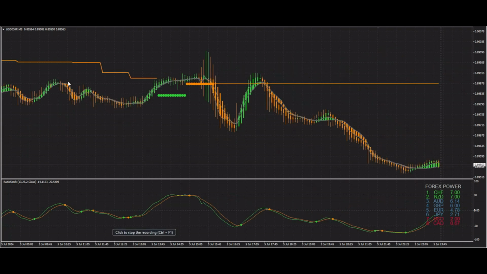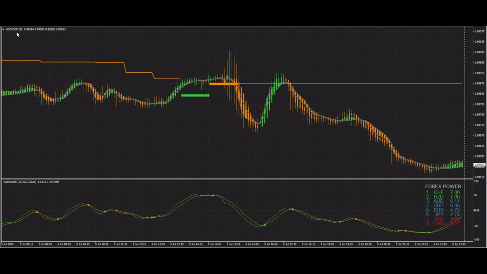So in this trade, you see we have a US dollar against a Swiss franc. In this case, the base currency is the US dollar and the quote currency is the Swiss franc. And looking at our currency strength, you can see that the Swiss franc is stronger than the US dollar.